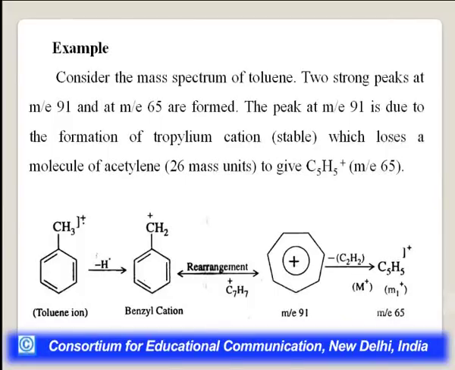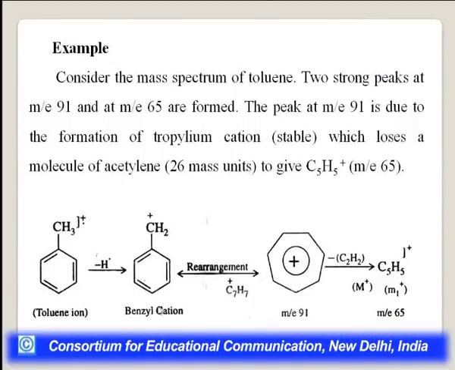We can say that the stability of fragments decides the relative availability of the fragments. Here you can see this is the tropylium ion, which is a very stable cation, so it will form at 91 and it can rearrange to the benzyl cation.